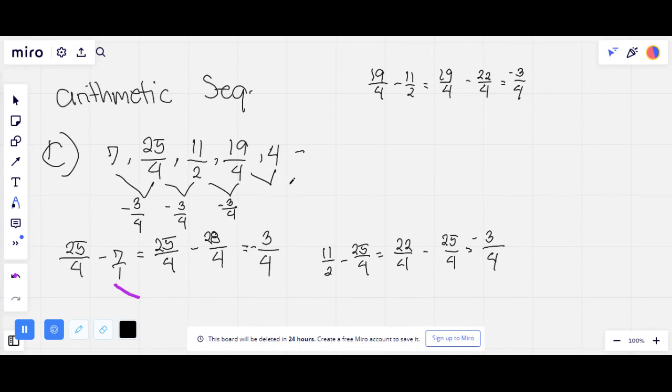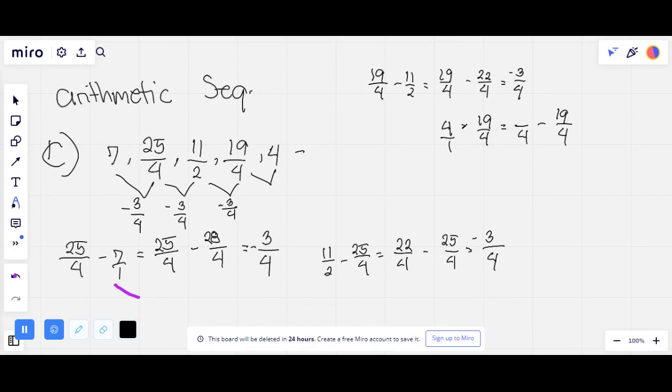How about 4 minus 19 over 4? We put a denominator of 1 on the 4, then make it the same denominator. Just copy 19 over 4 because they have the same denominator of 4.